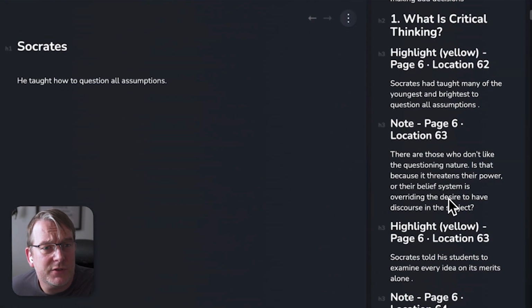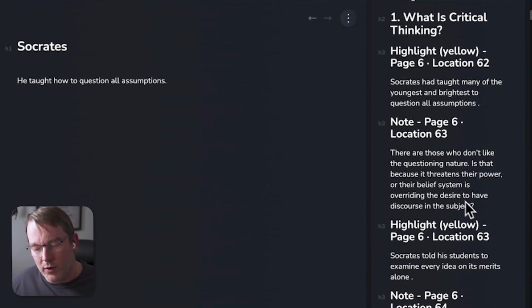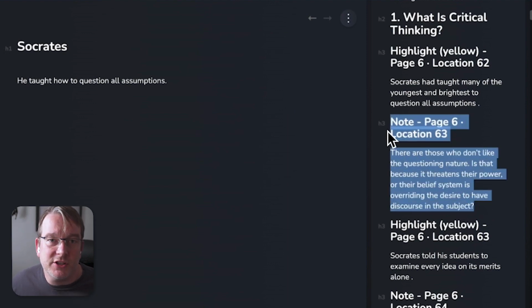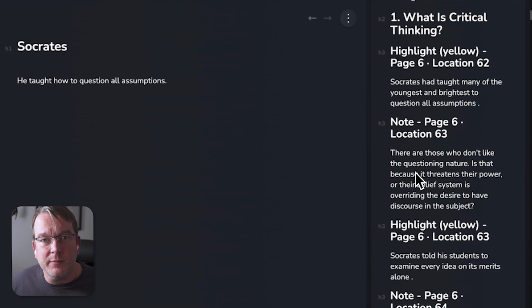There are those who don't like the questioning nature. Is that because it threatens their power, or their belief system is overriding a desire to have discourse in the subject? So this is a note I've added. That's why it doesn't read very well, because I was doing it on my phone. So here, as I'm reading the text, I made an observation, and I started to question, why do people not like critical thinking?